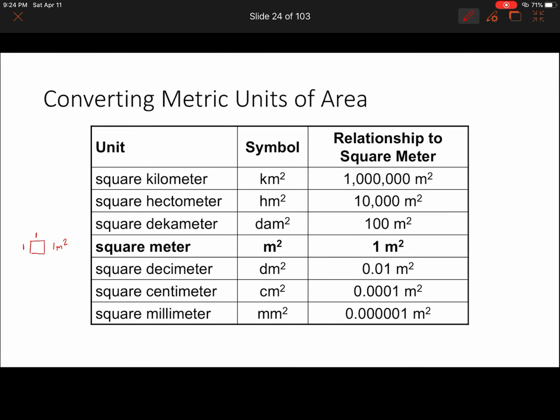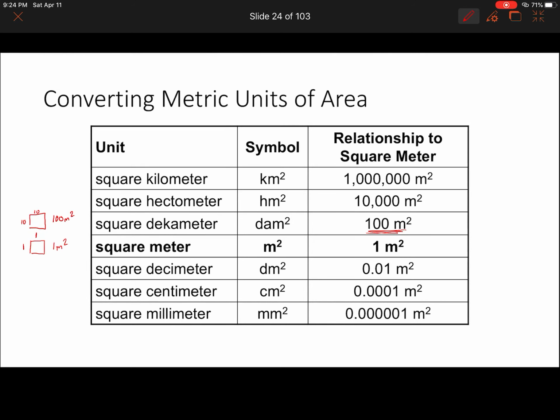But if you had 10 meters on each side, well then we would say the area is 100 meters squared. And so that's what you see here with the decameter.